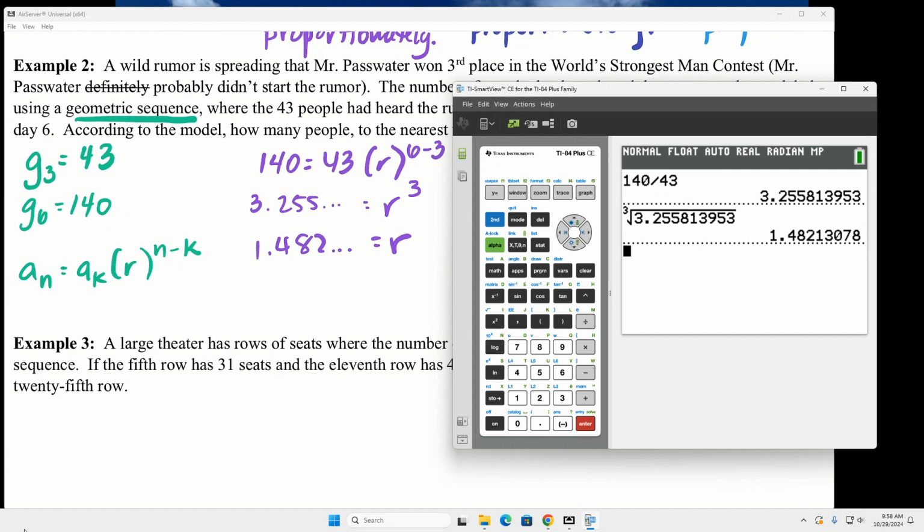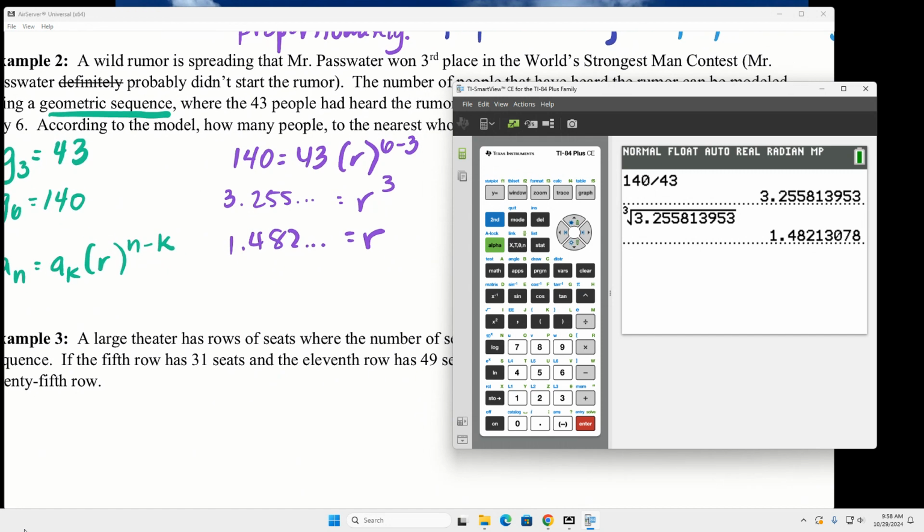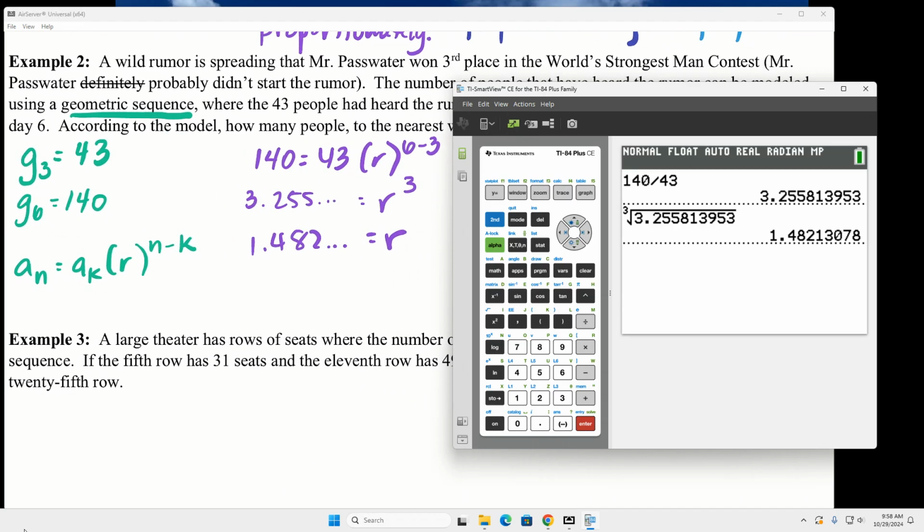And that's what we can use in our formula, but whenever we go to find the final answer, we're going to use the whole number, the entire decimal. All right, so at this point, it does not matter if we choose the 343 or if we choose the 6140. Your calculator's doing all the work. It doesn't matter which one.